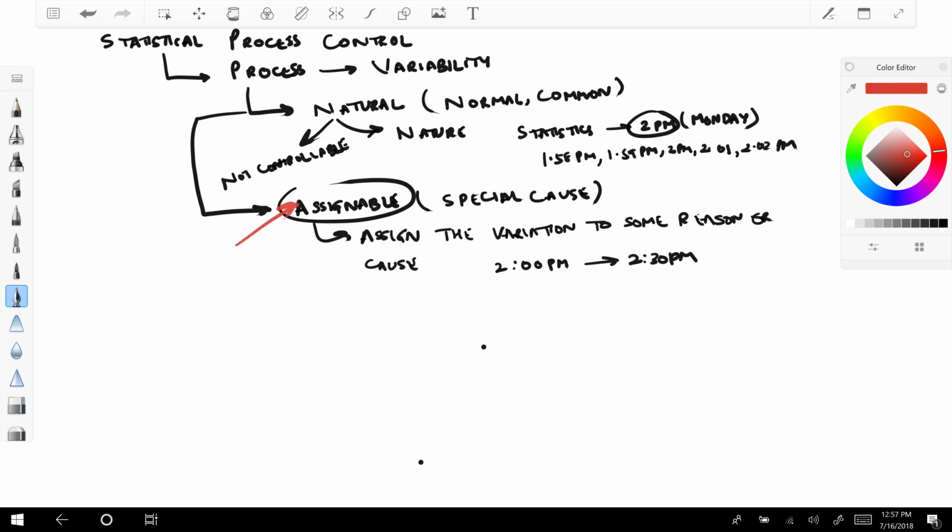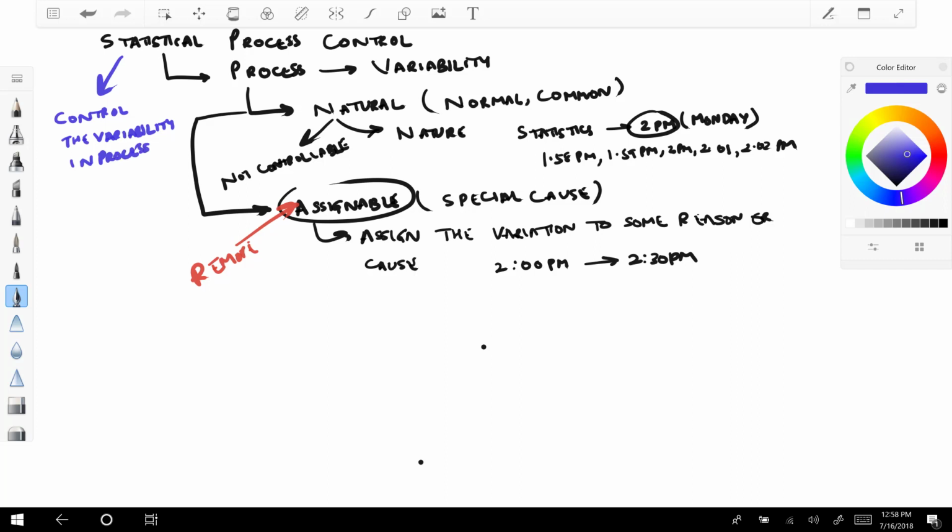The goal of the entire statistical process control is to control the variability in a process.